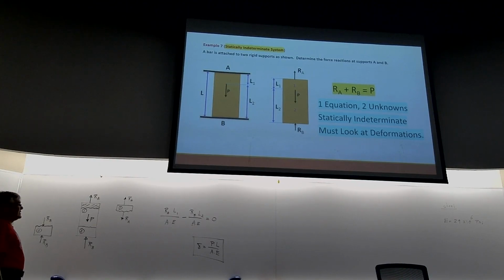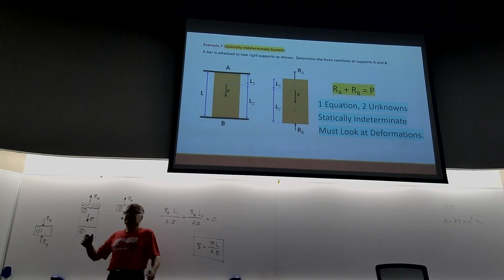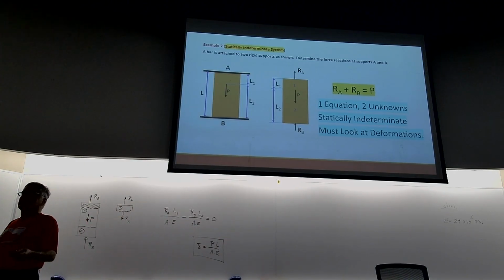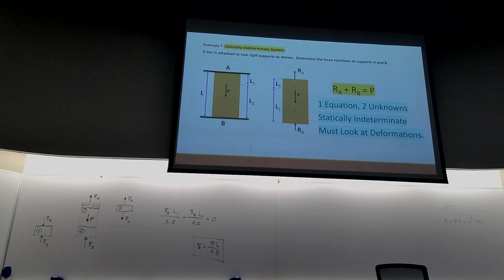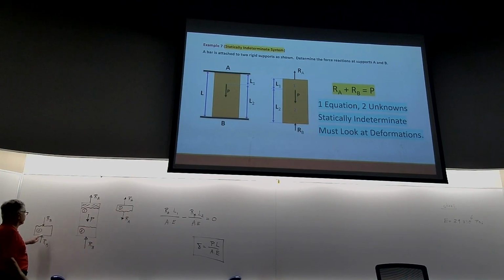So when you're using this equation, this P here must be the internal force in the segment you're looking at. And those forces only can come from statics. So RA for segment one, RB for segment two.